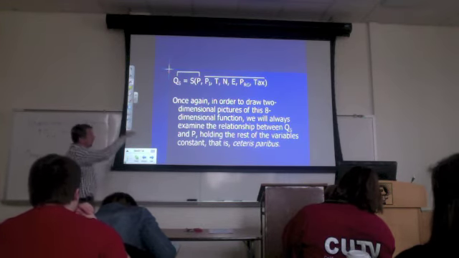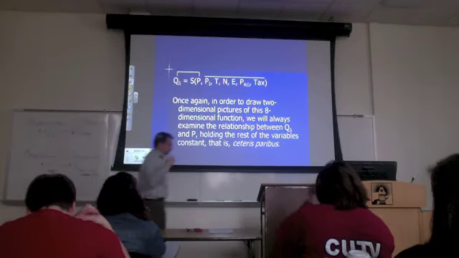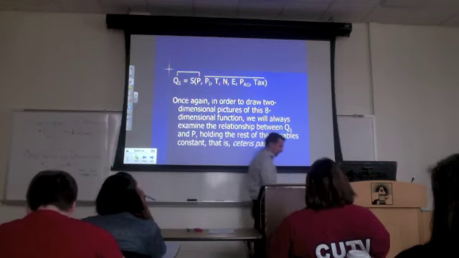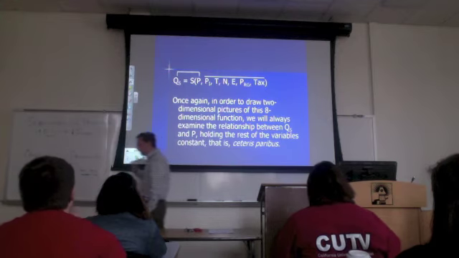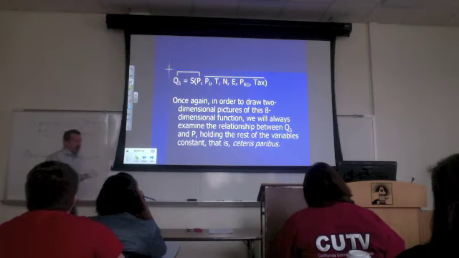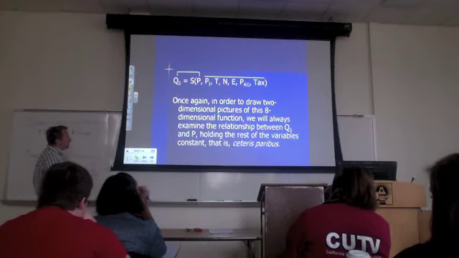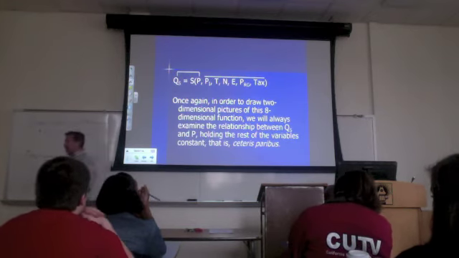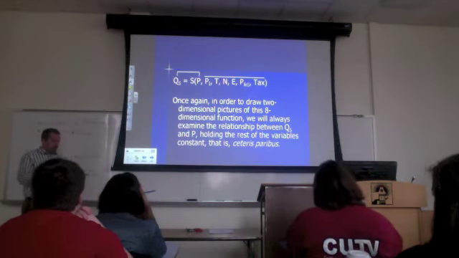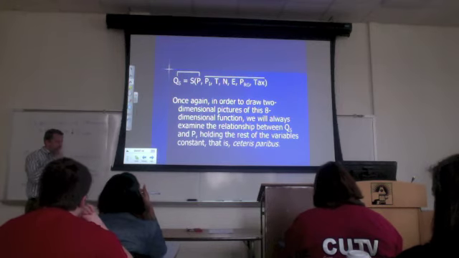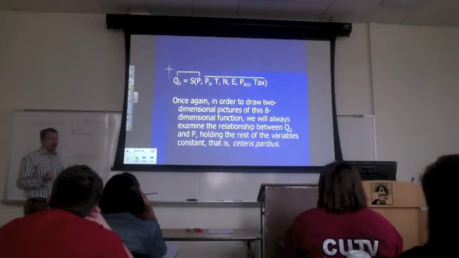This has another huge advantage, right? If you look at the list of determinants of supply, price, input prices, technology, the number of sellers, producer expectations, the price of related goods in production, and taxes and subsidies, there is only one common independent variable between this and the consumption side, right? On the consumption side, we said quantity demanded was a function of price, tastes and preferences, income, the number of buyers, the price of related goods in consumption, and consumer expectations, right?